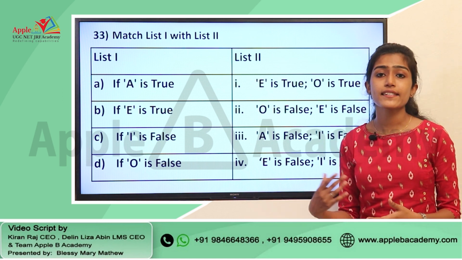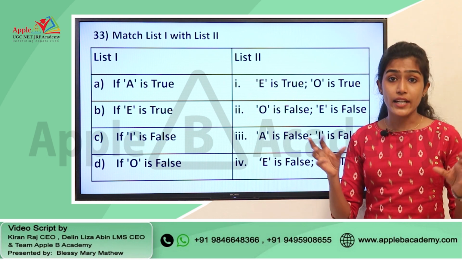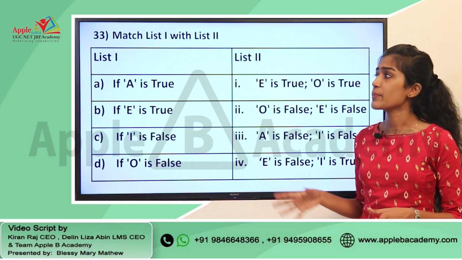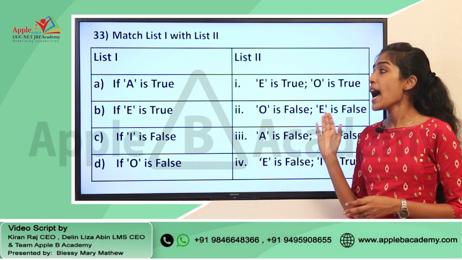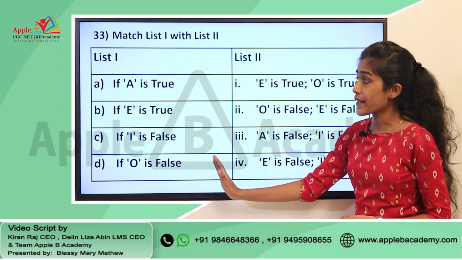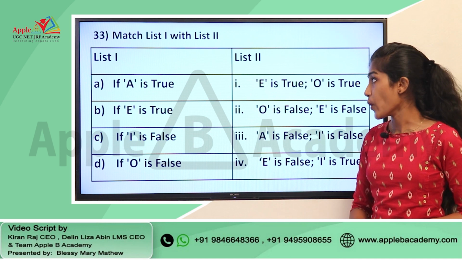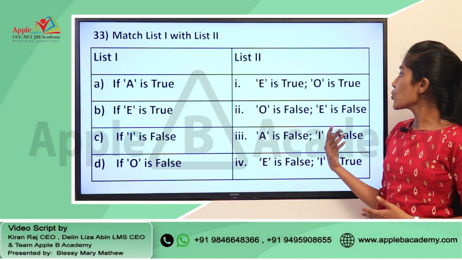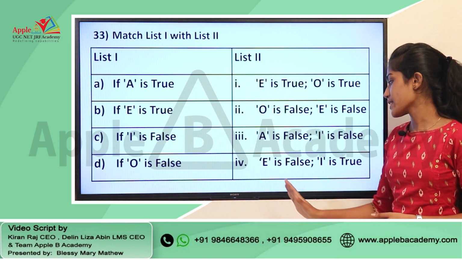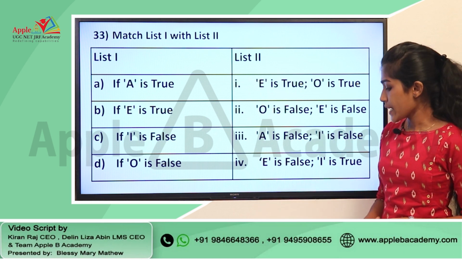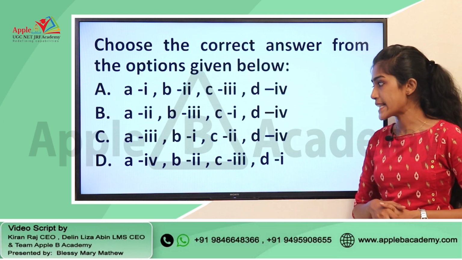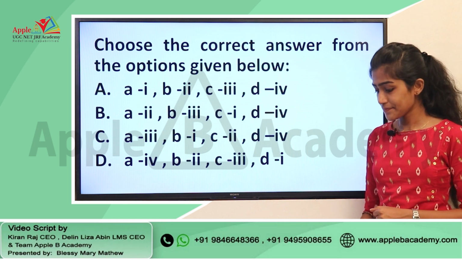So, if you know the various types of propositions and if you know the relationship that we are studying in the topic square of opposition, this will be a very easy question for you, and you have to figure out the right options that you can match with the options that are given in list 1. So, in list 2 we have E is true, O is true, O is false, E is false, A is false, I is false and E is false and I is true. Anyway, the right answer for this question is option B, which includes A2, B3, C1 and D4.